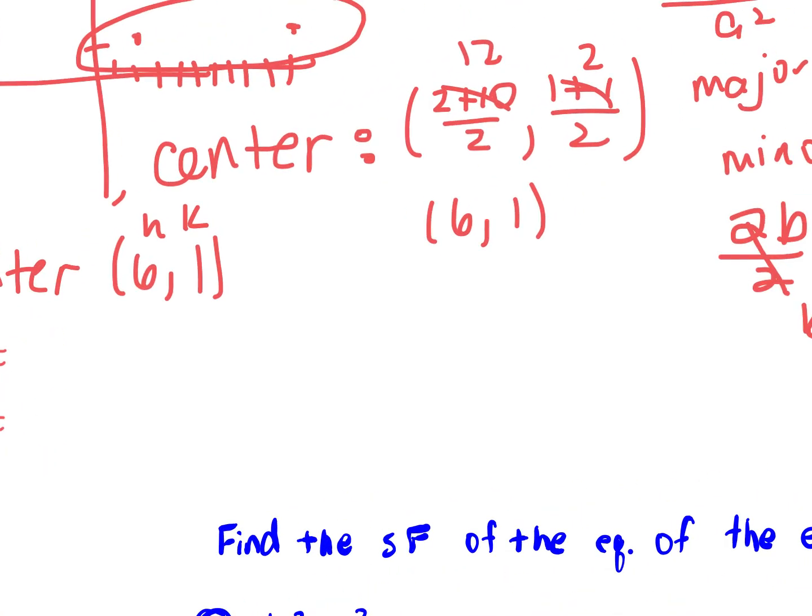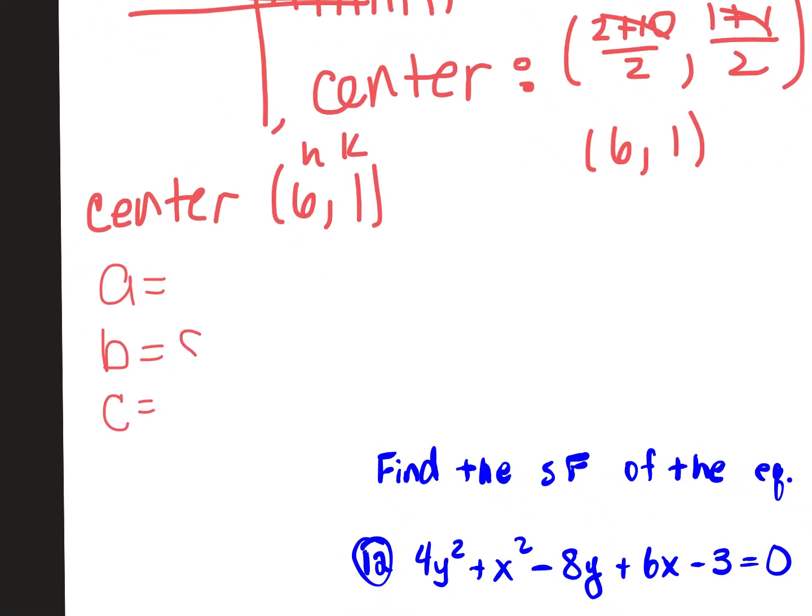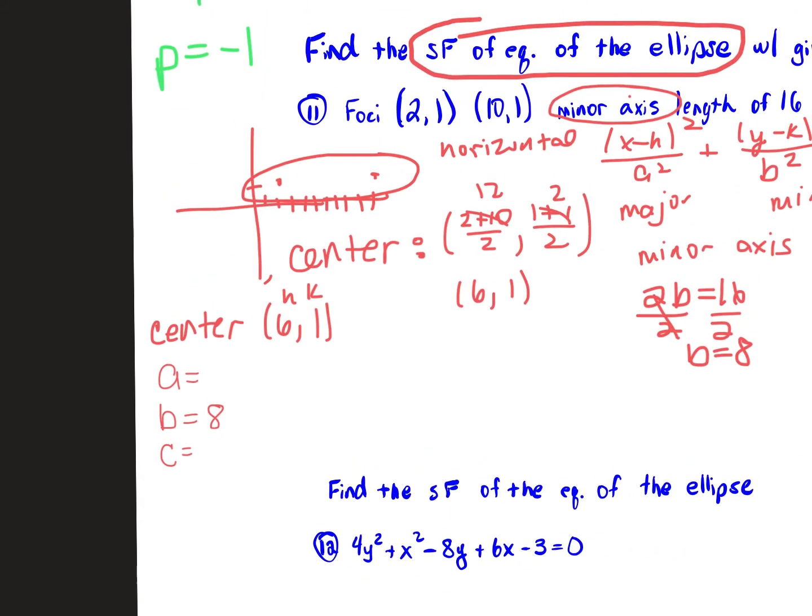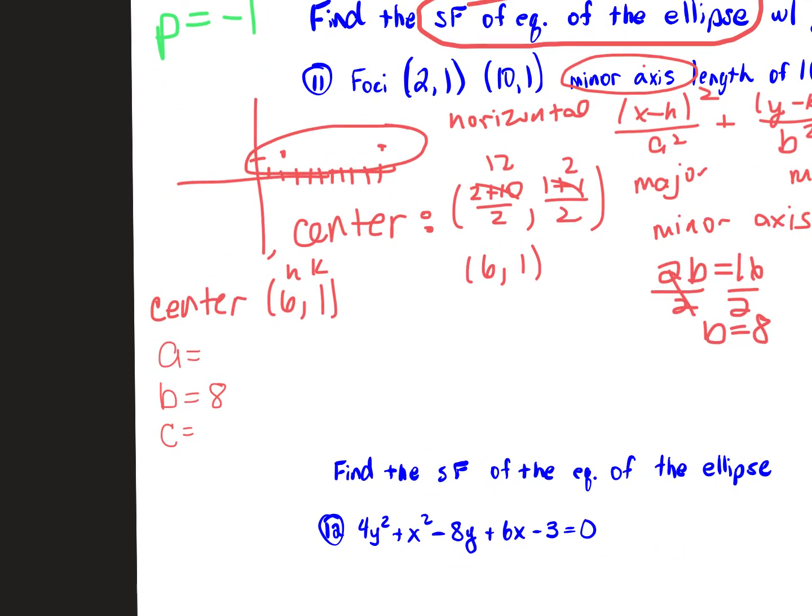So if I know that B is 8, I'm going to put that right there. So I know that my C value, if you look at your little cheat sheet that I gave you, is the distance between the center, which is at 6, 1, and the foci. So it's left, right. You literally, guys, all you have to do is count.